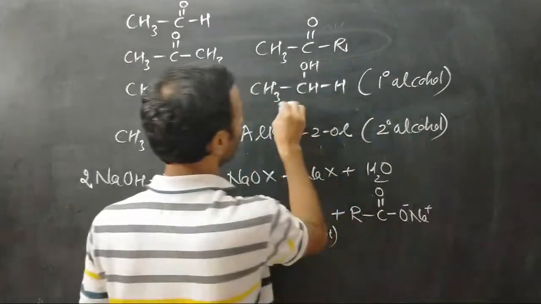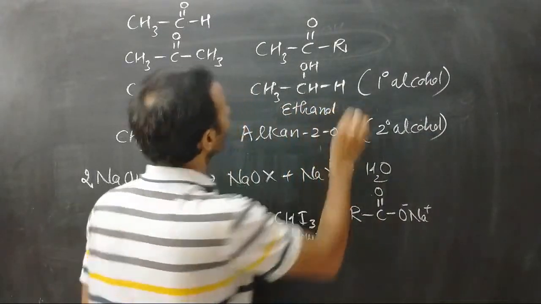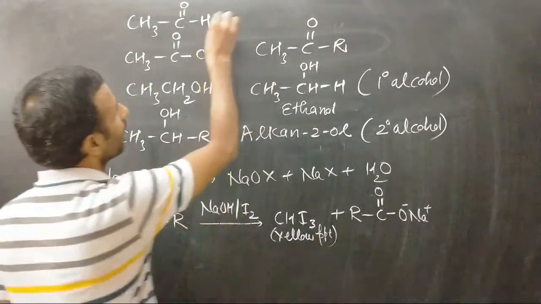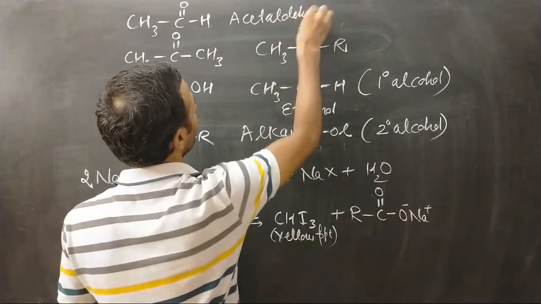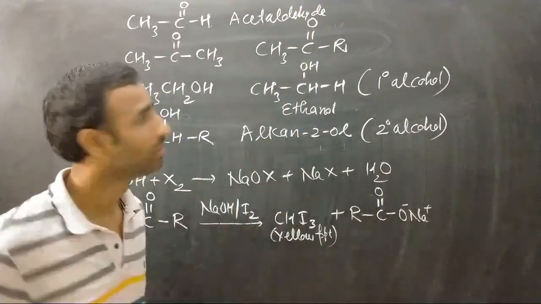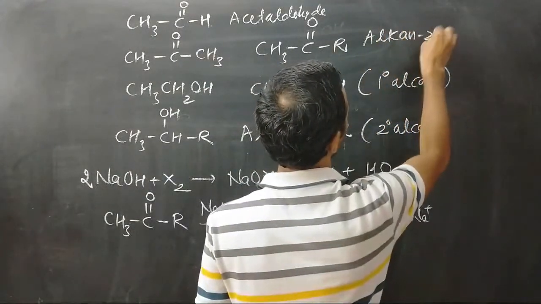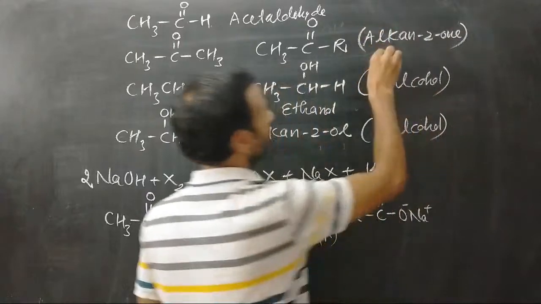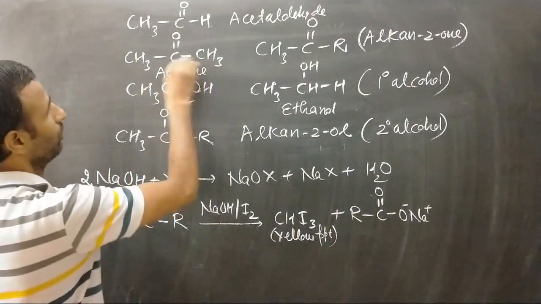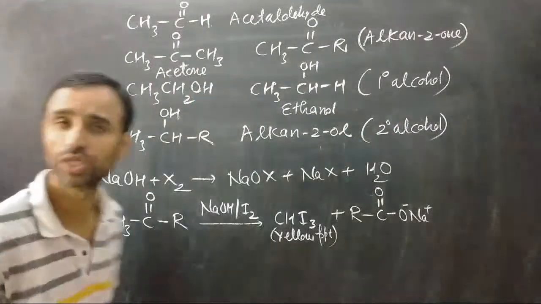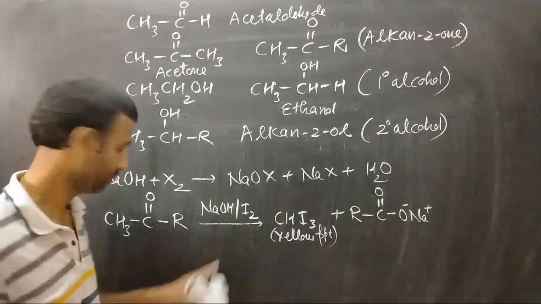So the only primary alcohol is ethanol, right? The only aldehyde which can react is acetaldehyde, or any alkan-2-one, or acetone. They will give this test. Very important, the iodoform test. Okay.